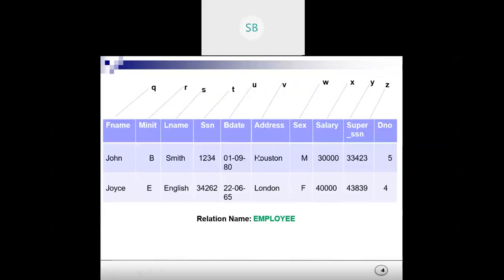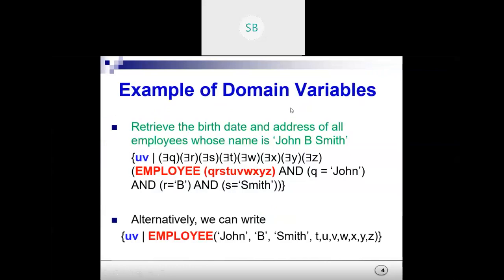Birth date is U and address is V. As in tuple relational calculus, we mention the tuple we want to retrieve; here also we mention the attributes which we want to retrieve. In the question itself it's mentioned, retrieve the birth date and address, so it will be here on the left side. Then we will mention the other things that are in the table.